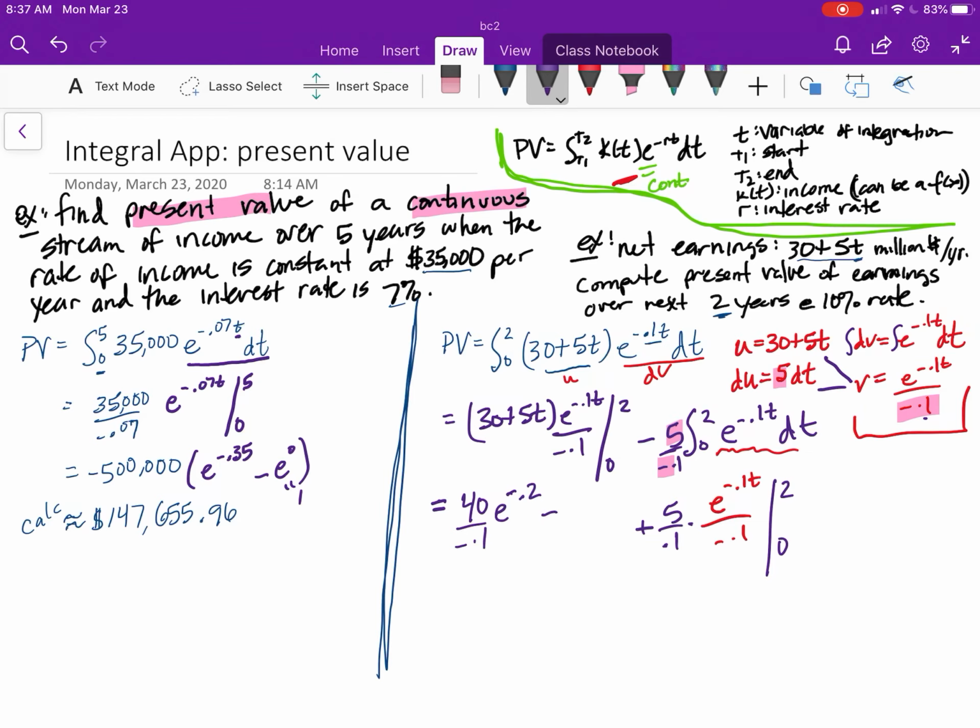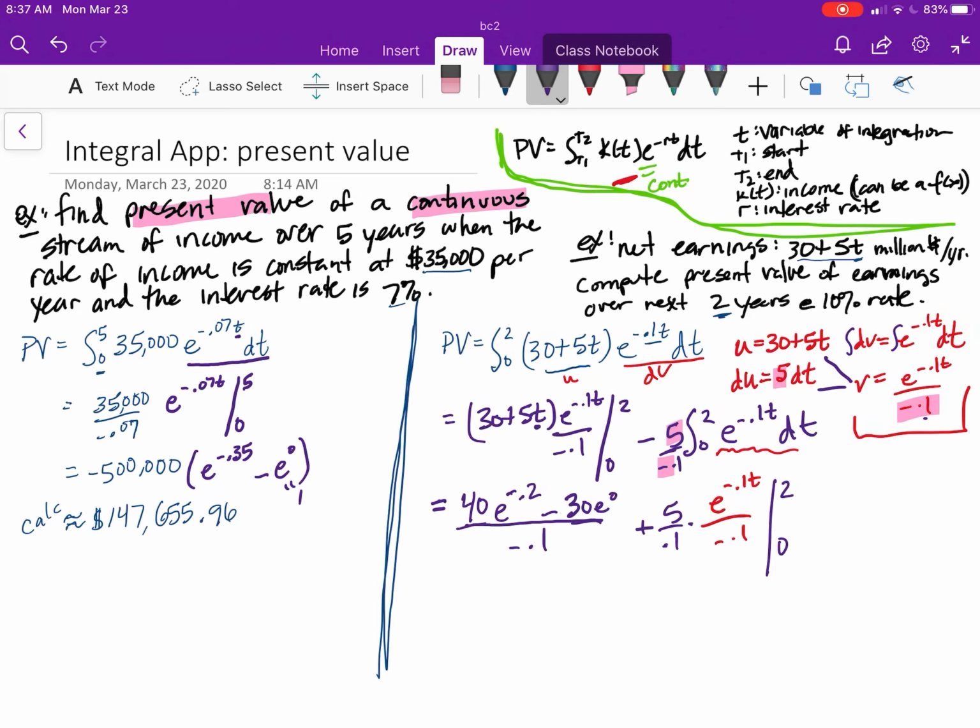Subtract, substitute 0, so we get 30, because 30 plus 5 times 0, and then e to the 0, that's just 1, over negative 0.1. Or we could just say all of this over negative 0.1, save a little bit of calculator work.